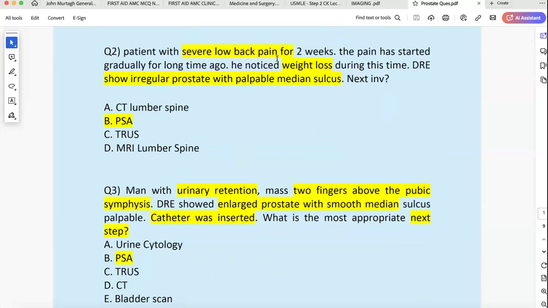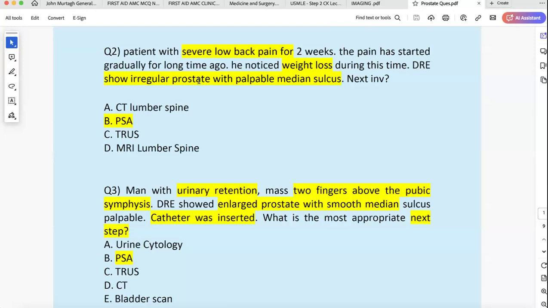Patient with severe low back pain for 2 weeks. The pain has started gradually over a long time. He noticed weight loss. DRE shows an irregular prostate with palpable median sulcus. Now, when there is an irregular prostate, they are already mentioning that it could be a cancer, right? Having back pain, maybe even a metastatic cancer. But your first thing to know is, what is the PSA of this patient?